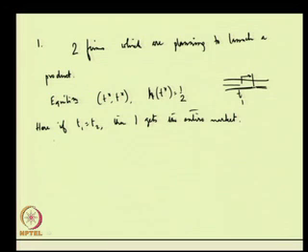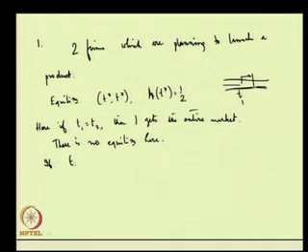Our claim is that there is no equilibrium here. And what is the reason? Reason is that if T1 is equal to T2, then 2 will have a profitable deviation.